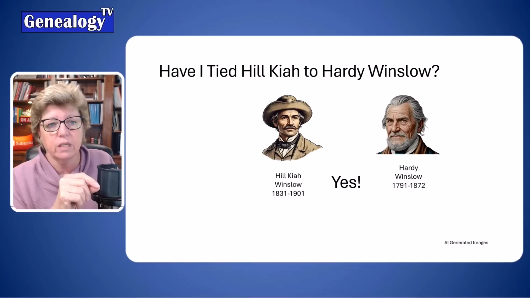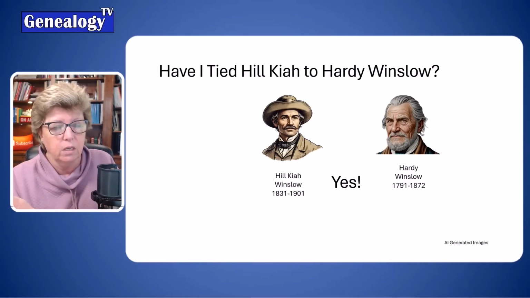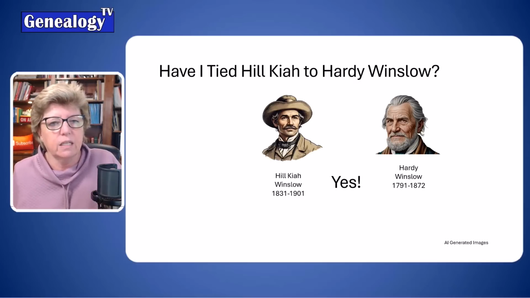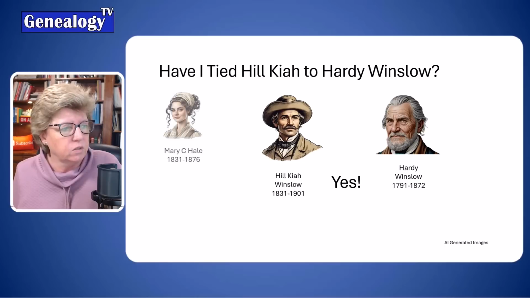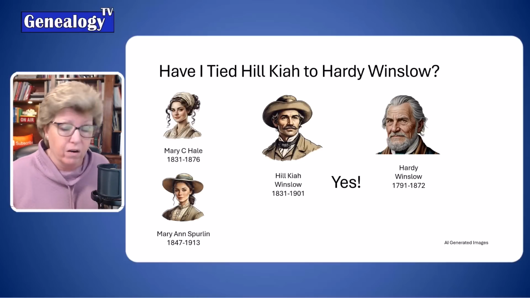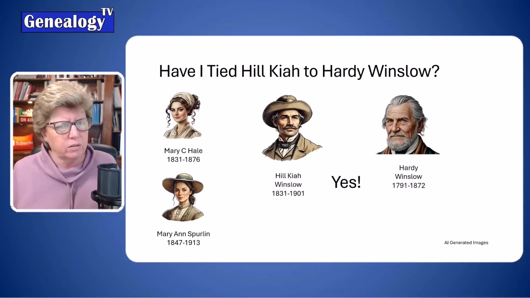I'm selling you this land under the provision that you take care of me for the rest of my life. Well, he dies shortly thereafter, in the same year, I think about 6 months later. And so now Hill Kiah immediately sells the land and moves to Cleveland County with his wife, where she dies. And then he remarries another Mary a couple of years later.